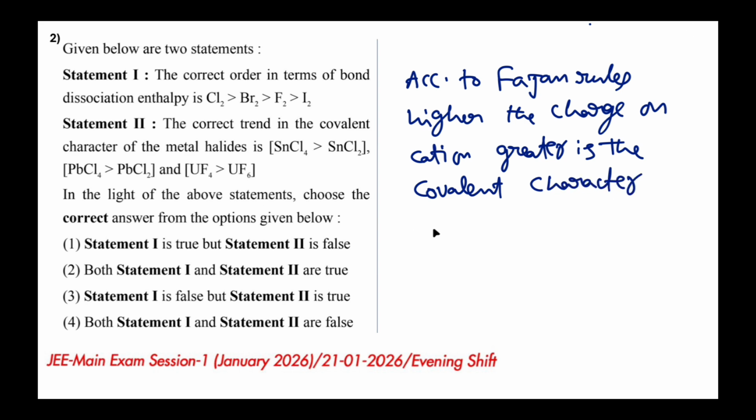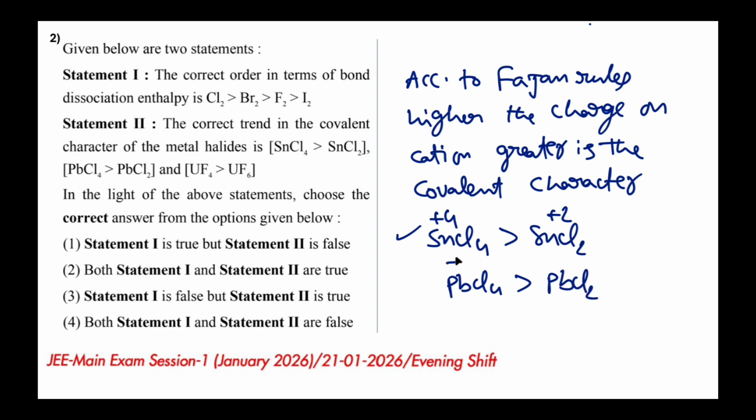So SnCl4 is +4, SnCl2 is +2, so SnCl4 is more covalent. Then PbCl4 is greater than PbCl2: this is +4, this is +2, so this is more covalent. Then UF4 and UF6: in UF4 uranium is +4, in UF6 uranium is +6.